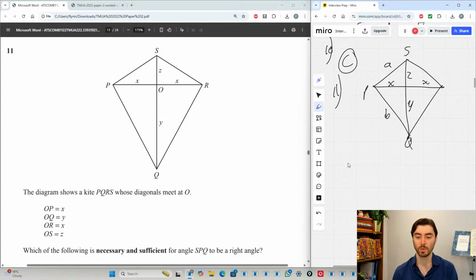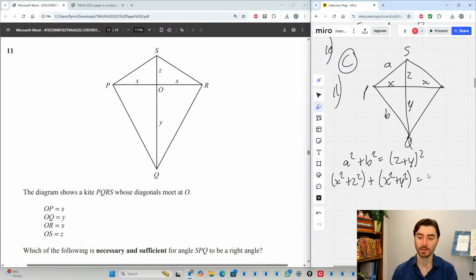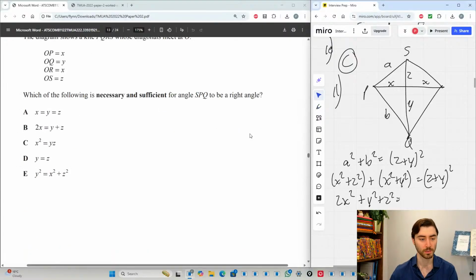So what we would want is a squared plus b squared to equal the square of z plus y. But a squared is x squared plus z squared, and b squared is x squared plus y squared. And that is z plus y all squared, which means that 2x squared plus y squared plus z squared equals... Well, let me just see what I'm looking at here.